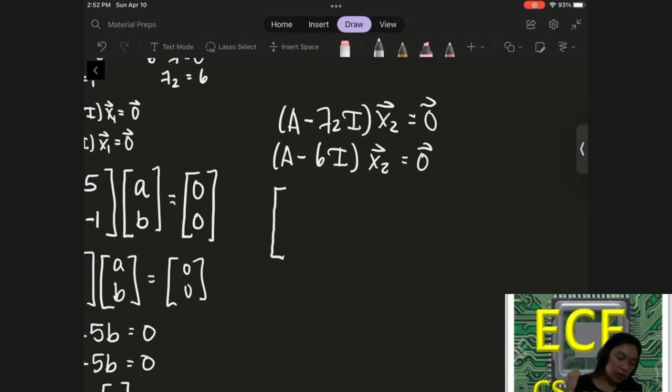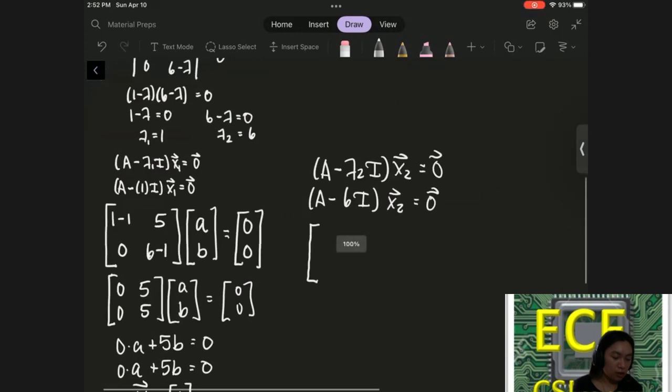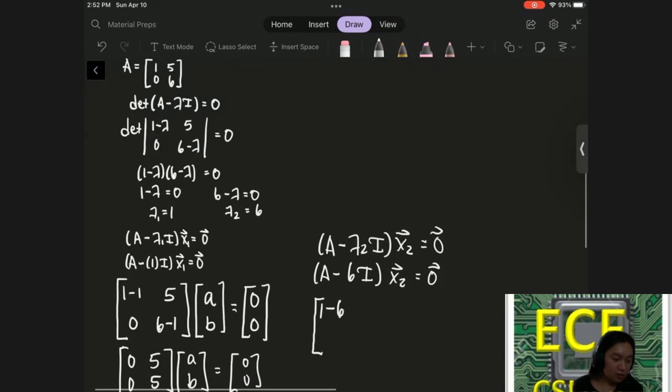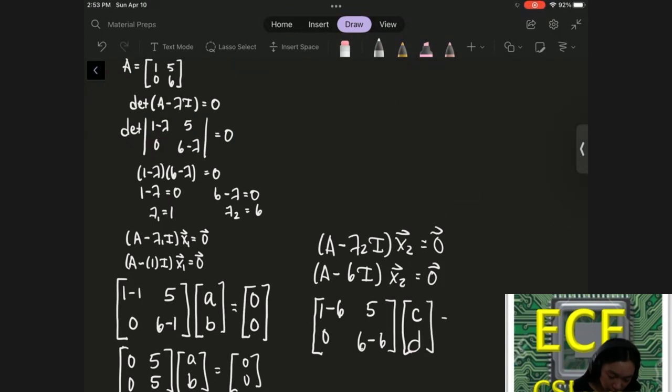Again, this means we're just subtracting 6 from the diagonal of A. I always forget what A is. This is 1 minus 6, this is 0, this is 5, which doesn't get touched because it's not on the diagonal, and then 6 minus 6. I'm going to use C and D, because I did A, B. That equals the 0 vector.